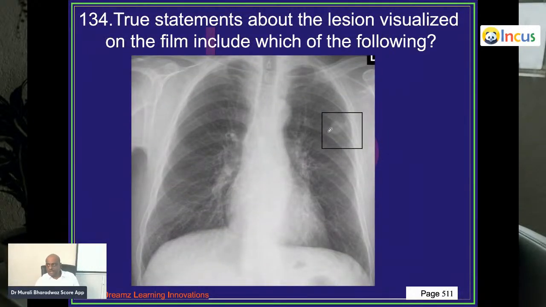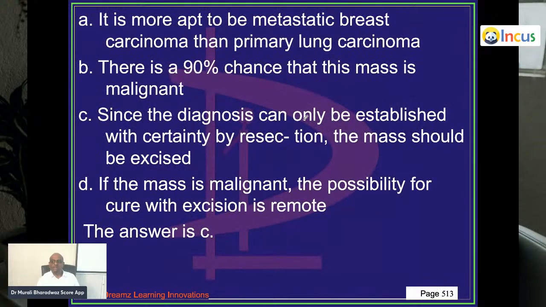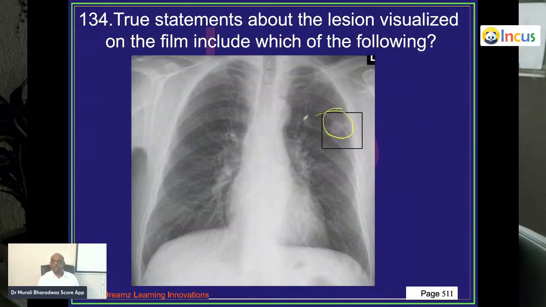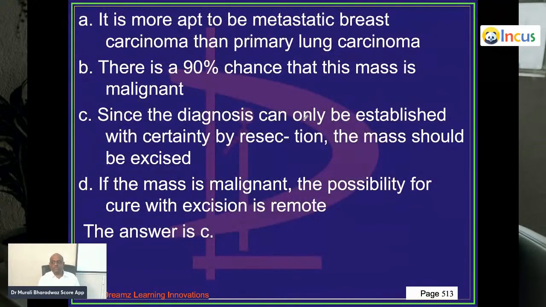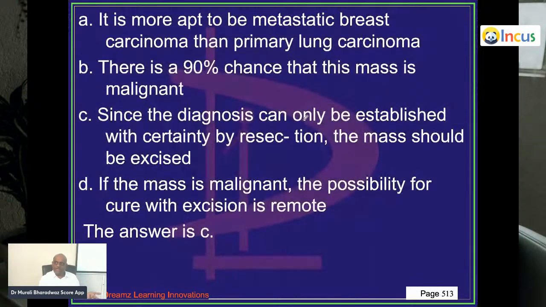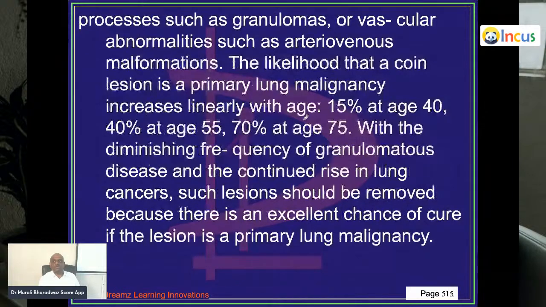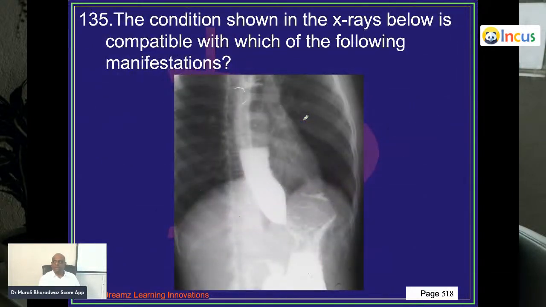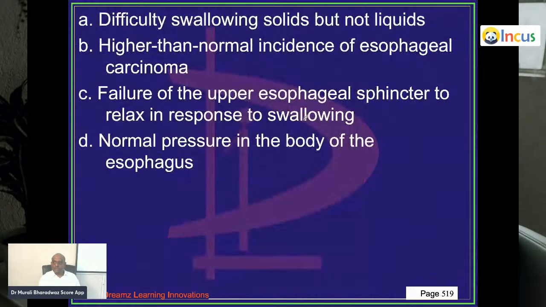So what do you see here? Coin lesion in the lung. About the coin lesion, you have to resect it and look at its histology, whether it is malignant or benign. That is the story of coin lesions. So what do you see here, doctor?